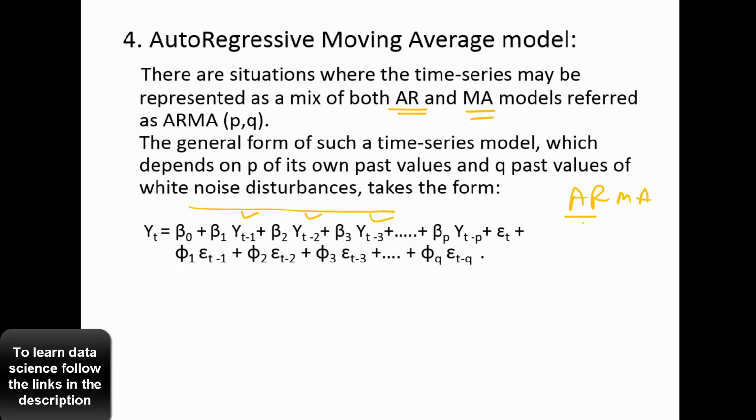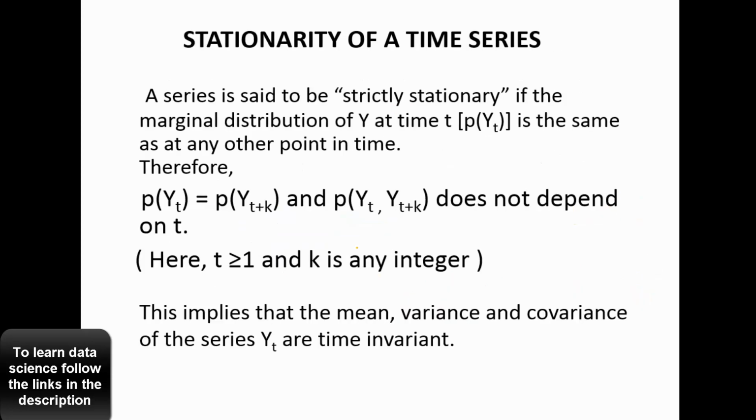That means you have AR terms as well as MA terms. So you have past values Yt, Yt minus 1, Yt minus 2 and so on, and then the error terms also: epsilon t minus 1, epsilon t minus 2. So it's a combination of AR plus MA, which is ARMA. And people have said that this is more accurate many times over AR or MA processes.